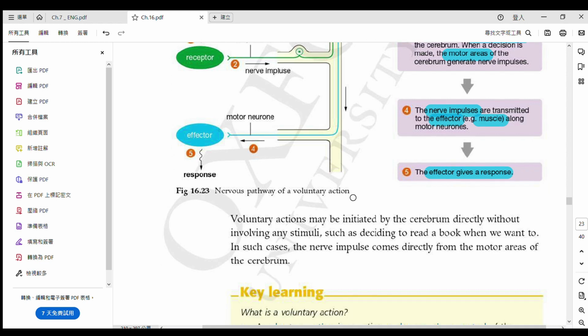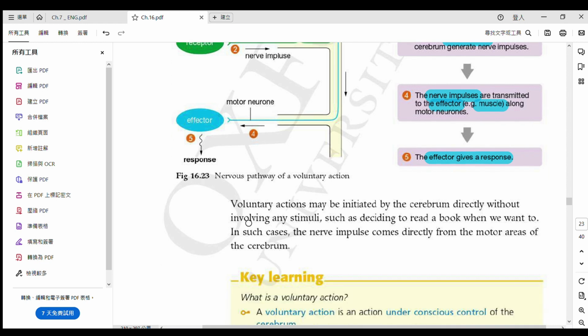Another key point for you is that voluntary action may involve stimuli or may not involve stimuli.